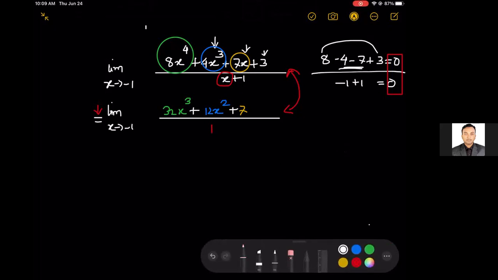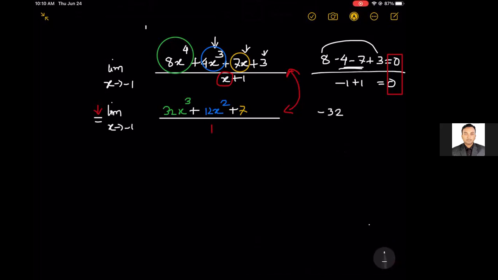That means we need to plug in -1 in place of all the x's. So this x cubed will give us a -1, so it will be -32, right? This x squared will give us a +1, so it will be +12 plus 7.